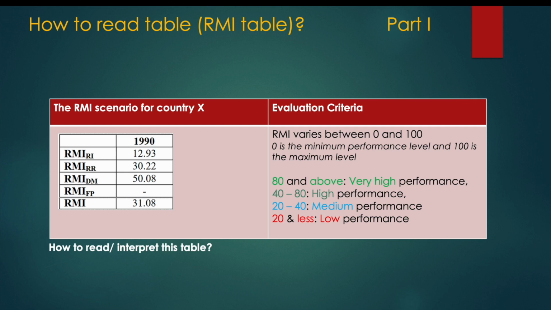And in the last row, there is RMI, the total RMI, which is found by adding all the three values and dividing by 3, because there are 3 values. And the total RMI is 31.08. So in terms of total RMI, the country's performance is medium performance.